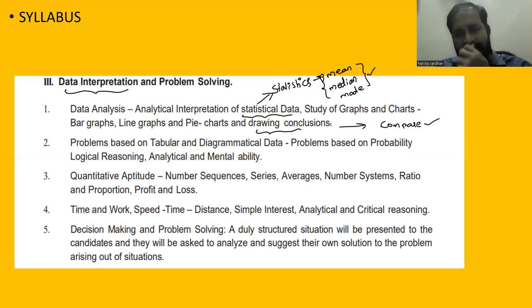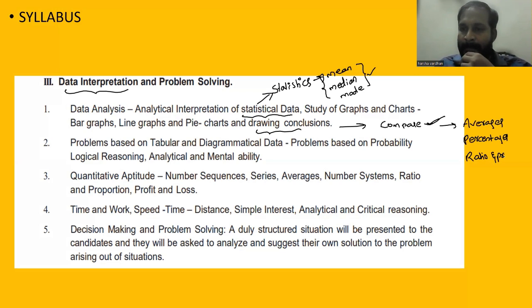Now come to data interpretation. What is meant by data interpretation? Many think that data interpretation is okay, but without the knowledge of concepts like averages, percentages, and ratios, ratio and proportion, you cannot answer the questions from data interpretation. Why?